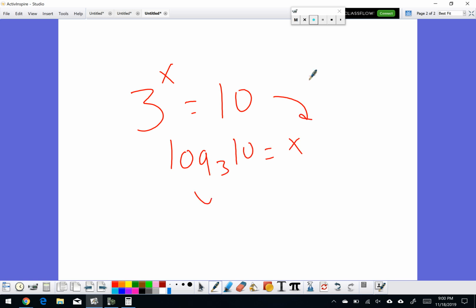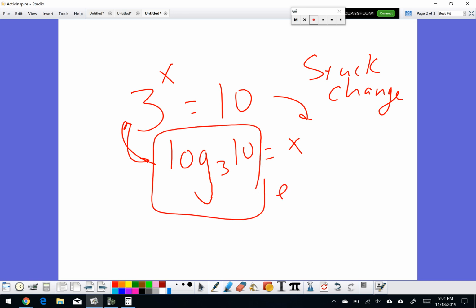Notice I just changed. When you get stuck, change. That's the biggest deal. When you get stuck, change. So if you're in exponential, go into log. If you're in log, go to exponential, whatever it might be. But you should change. And this is the exact answer.